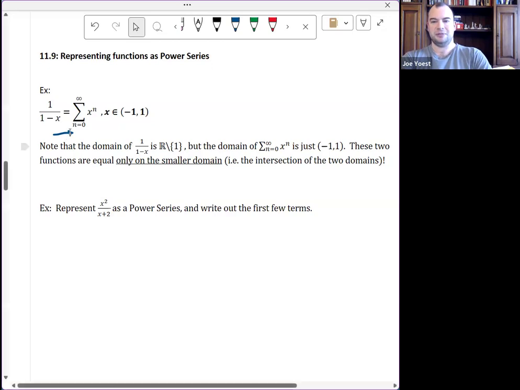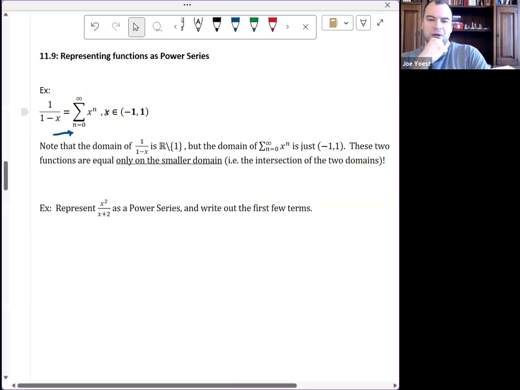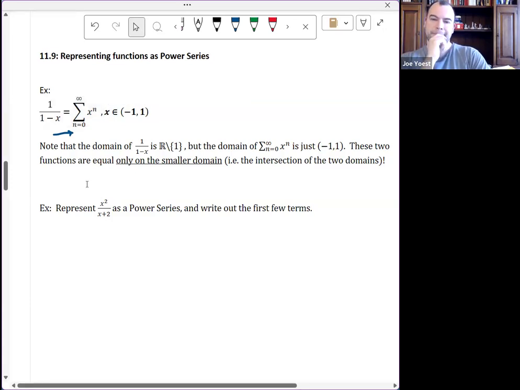And it turns out that this is the right way to do it, to make a geometric series if the function you're interested in is 1 over 1 minus x. I think it's kind of strange actually that 1 over 1 minus x equals, in some sense, this power series, this infinite series.